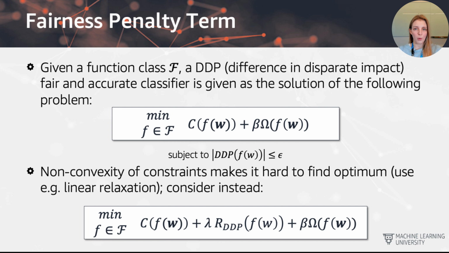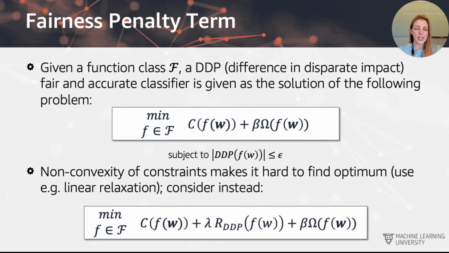That means the problem that we want to solve now is we want to minimize the cost function, which is a function of the model parameters, plus a regularization term where we have omega as a convex regularization term and beta as a trade-off parameter, subject to a fairness constraint, such as the difference in disparate impact needs to be below or equal to an epsilon threshold.